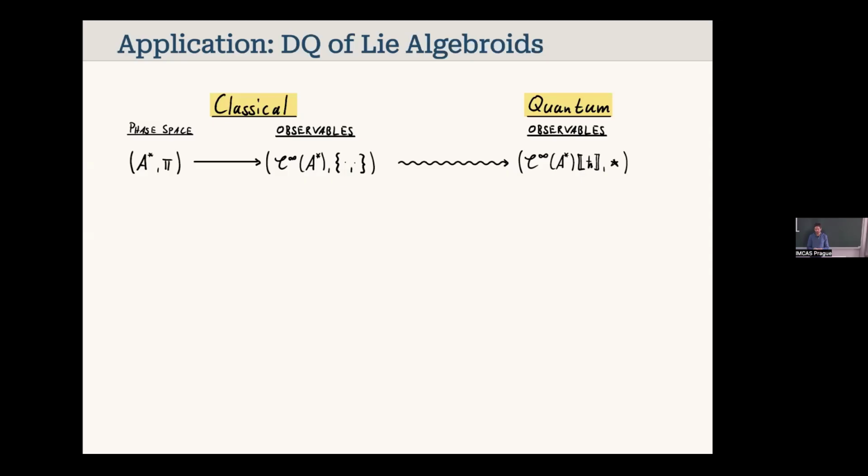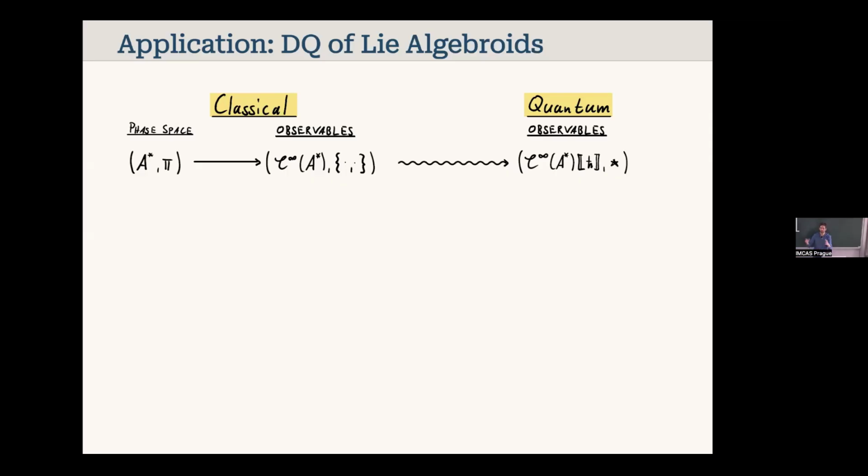Okay, maybe another example in a slightly different direction. So we could also look at deformation quantization, not of general Poisson structures on general manifolds, but maybe you're interested just in simple cases, for example, linear Poisson structures on vector bundles.